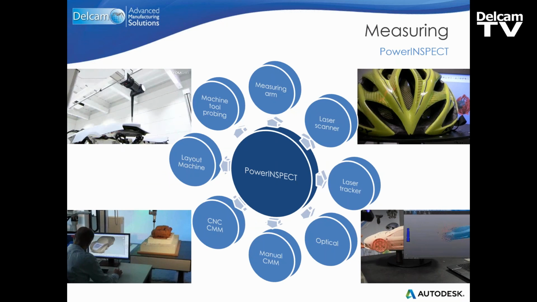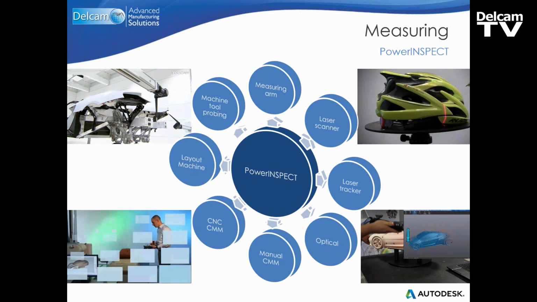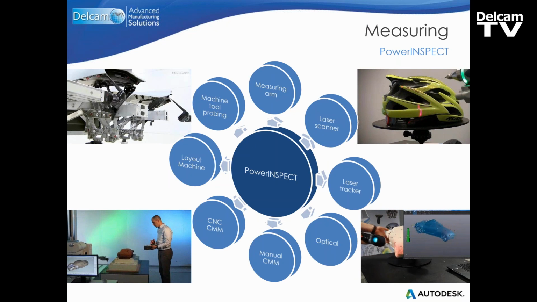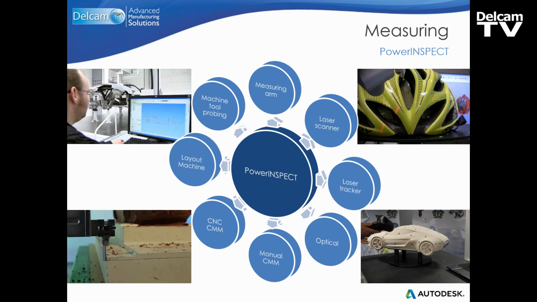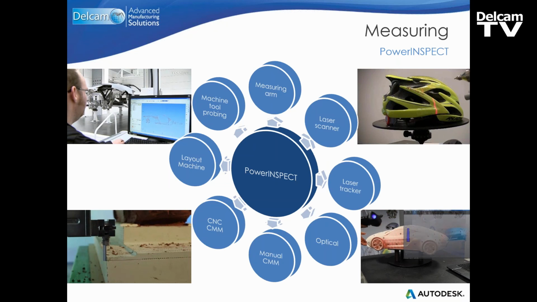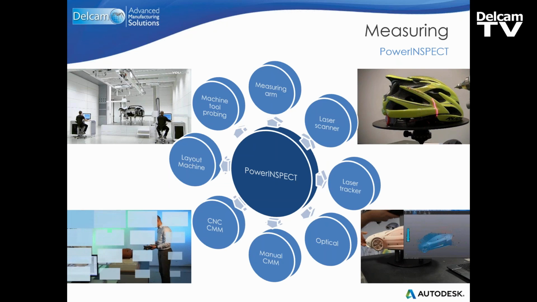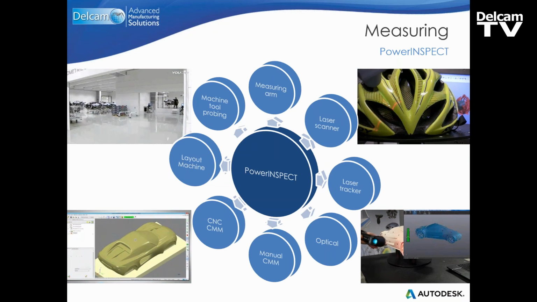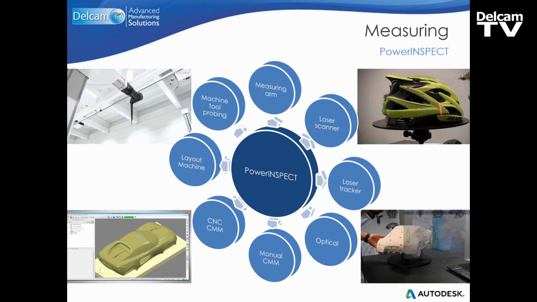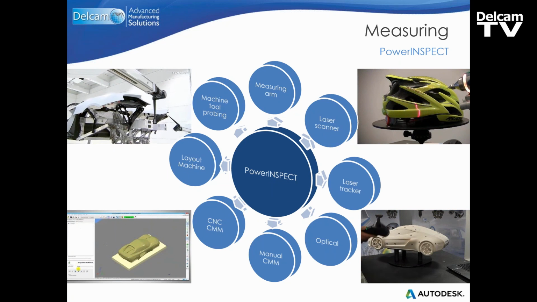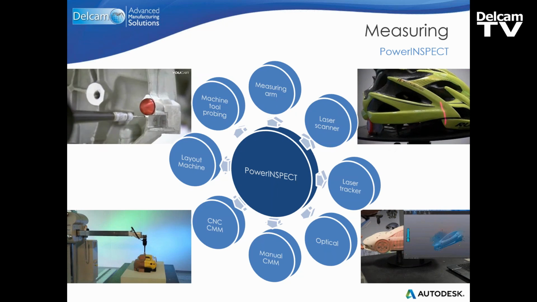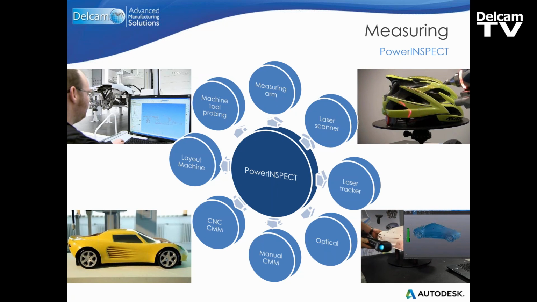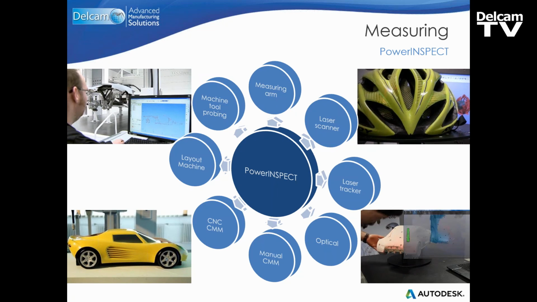Now, we're aware in PowerInspect that there are a range of different measurement applications, and that different measurement hardware is suited to these different applications. So for example, on the shop floor, PowerInspect can work with a measurement arm, so companies like Faro and Hexagon Metrology, and laser scanners from the same companies.